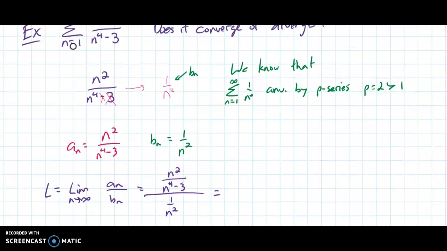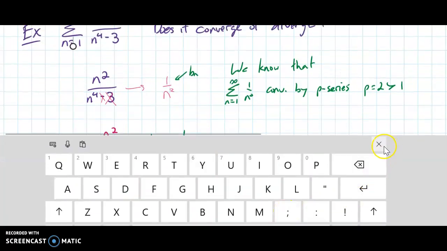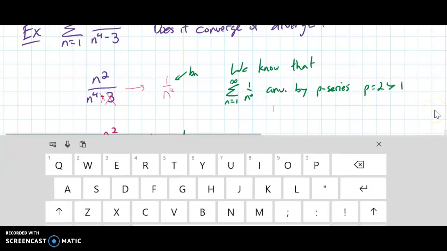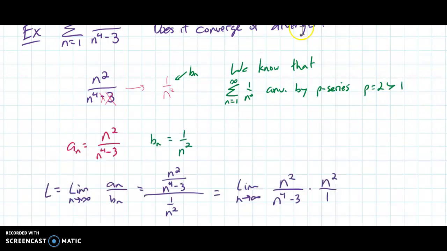But anyway, let's just copy dot flip it. You guys are probably like, come on, just copy dot flip it. This is the limit as n goes to infinity of n squared over n to the fourth minus 3 times n squared over 1. So what I want you to see here, what's going on?